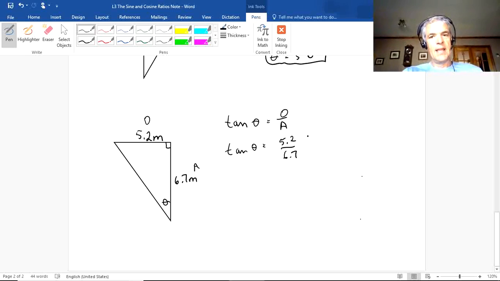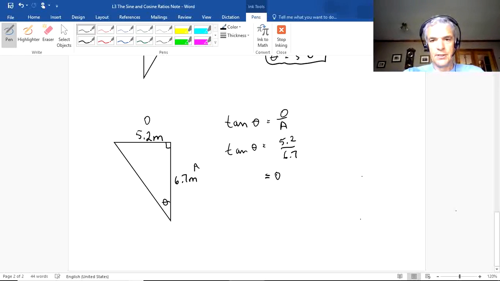Now I'm going to go to my calculator, and I'm going to divide 5.2 divided by 6.7, and I'm going to get my answer, which should be something like 1. Is it 1? No, it's less than 1. It's 0.7761. So I write that down, 0.7761.